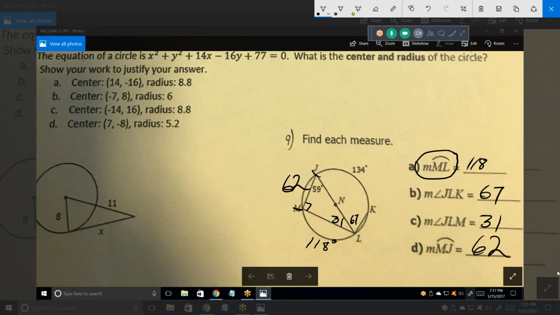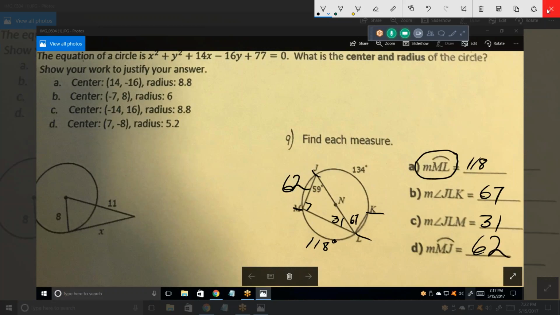And we could figure out what the measurement of KL is by adding up the measurements of these other three and subtracting from 360. Yeah. And that would be this measurement here. I'm surprised they didn't ask it. That would have been the toughest thing to figure out the whole way. You would almost have to figure out these four things before you could figure out the measurement of KL.